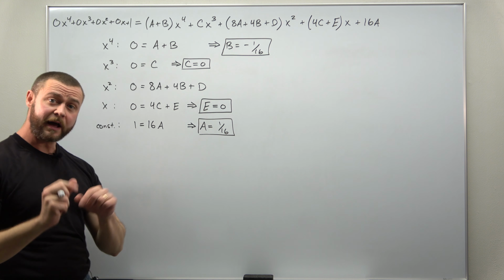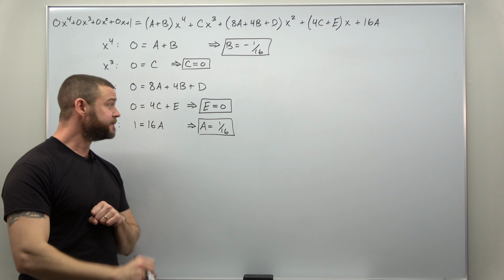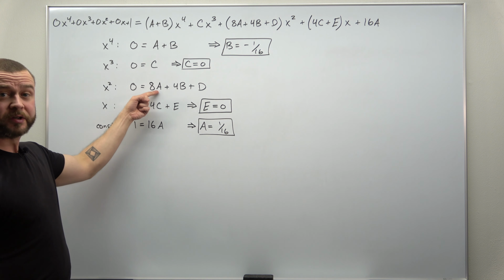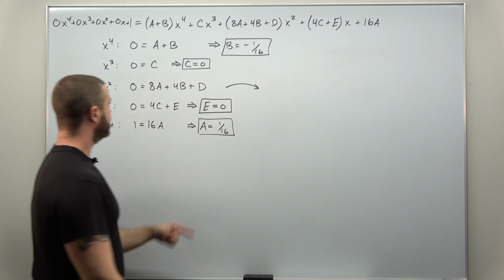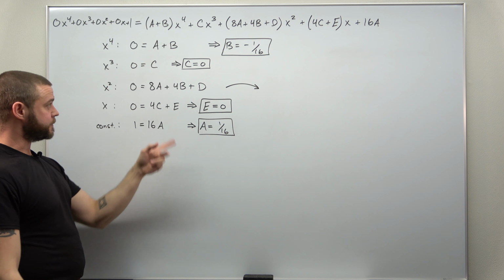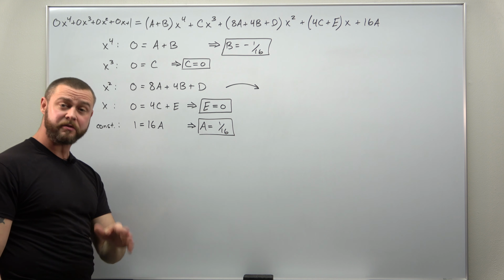And at this point, we only have one unknown left, finding the value for d, where we're just going to plug in the values that we currently know, which are a and b.